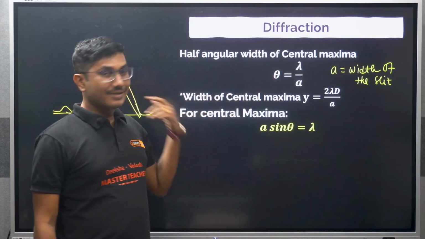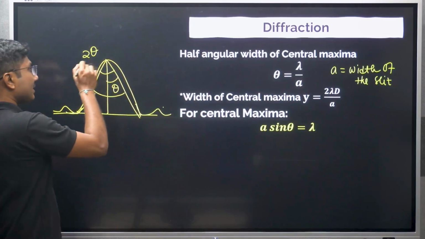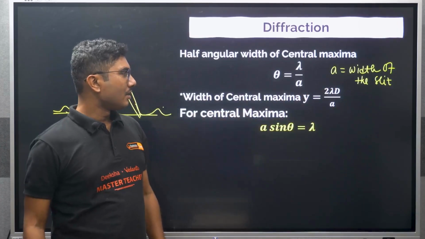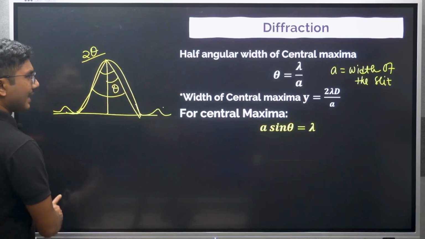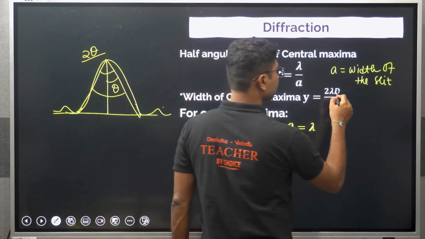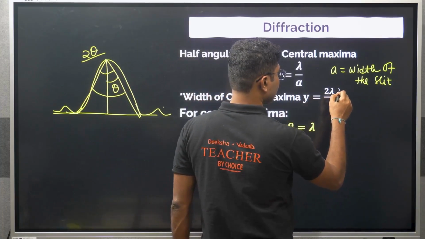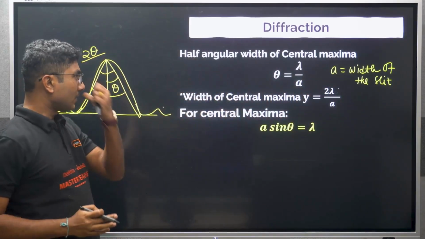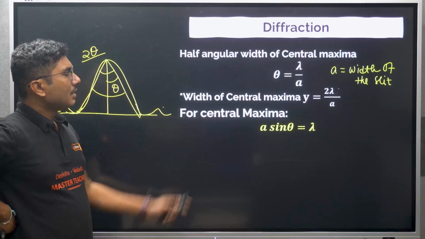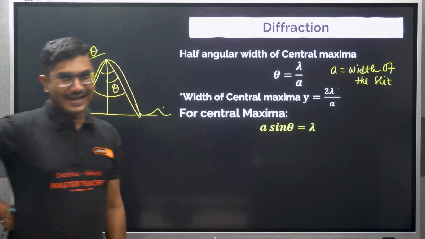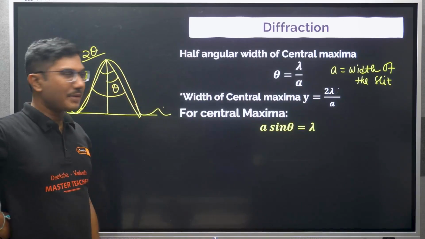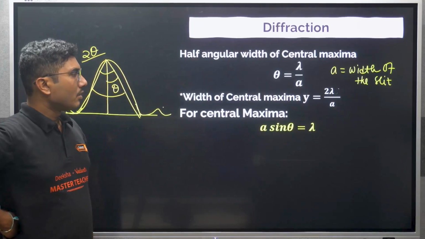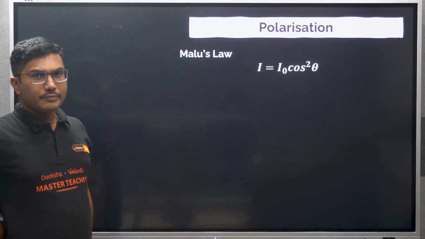The total width of the central maxima is 2 theta, so it will be 2 lambda by a. This is angular width, so the distance does not matter. And for central maxima, it is a sin theta equals n lambda. Generally n is 1 for central maxima, that's why a sin theta is equal to lambda for central maxima. So these are the very important formulas that you will remember.